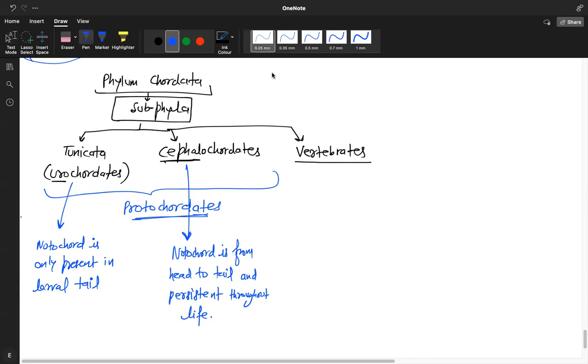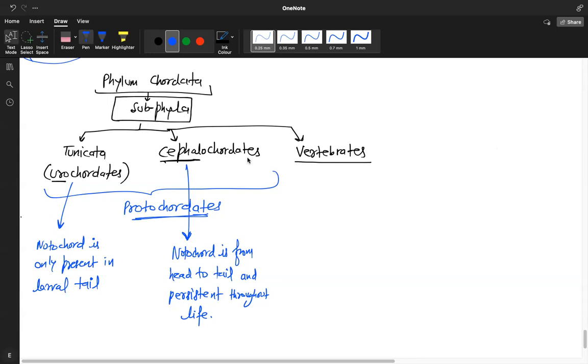So there are two things. One is the notochord, which is a tube-like structure. Okay. It's hollow. So we are categorizing into three different subphyla: urochordates, cephalochordates, and the third one we are calling vertebrates. So urochordates have a notochord only present in the larval tail, and it does not persist throughout life. Is this clear to you?